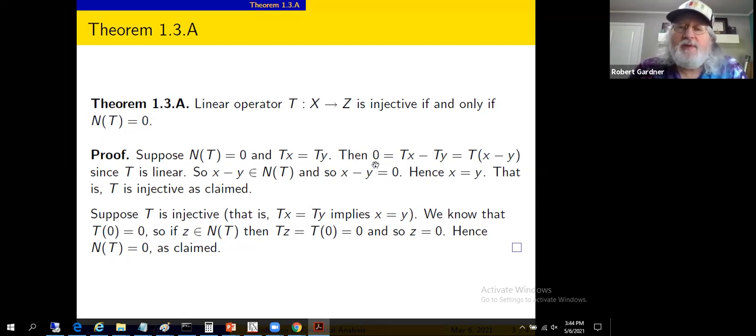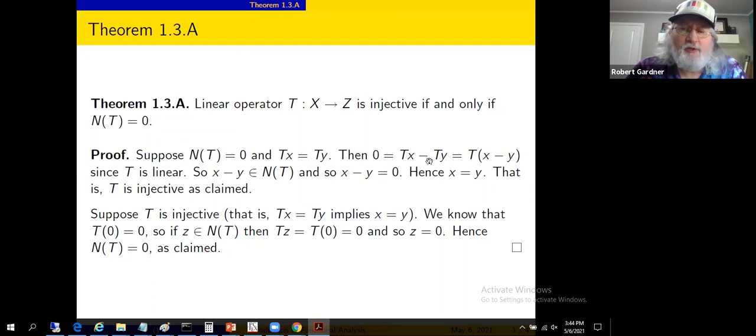All right, well, 0 vector equals T of X minus T of Y. Subtract T of Y from both sides, you're left with a 0 vector. By the way, it's a 0 vector in space Z. Linearity here allows us to rewrite T of X minus T of Y as T of X minus Y. Quick comment.